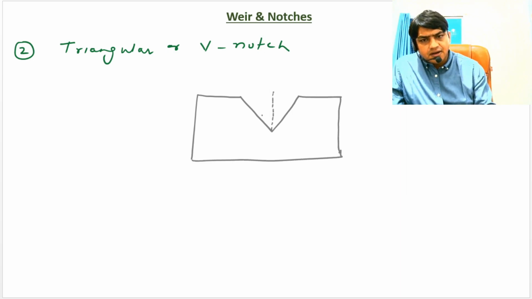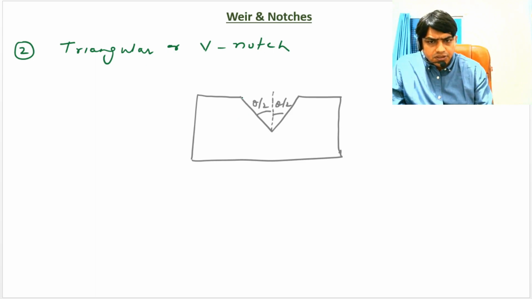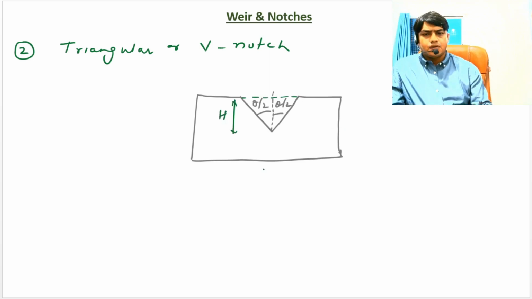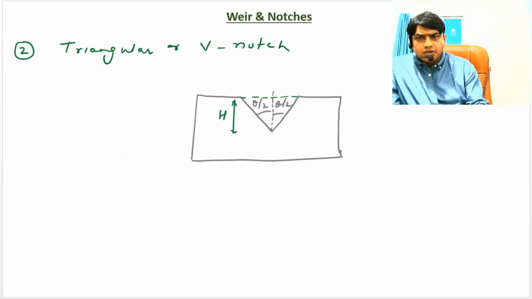The central angle is theta. Let us assume this angle is theta by 2. This is also theta by 2. And the head, this is the level of water. This is capital H.